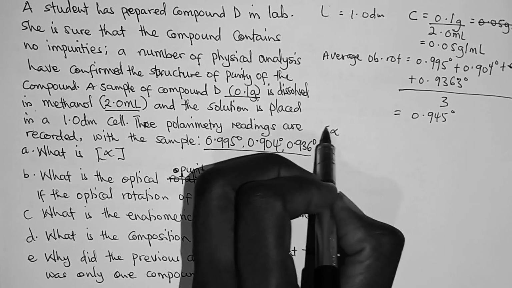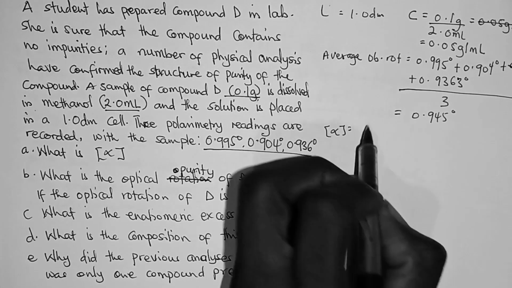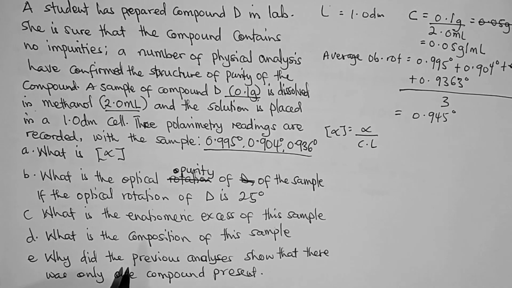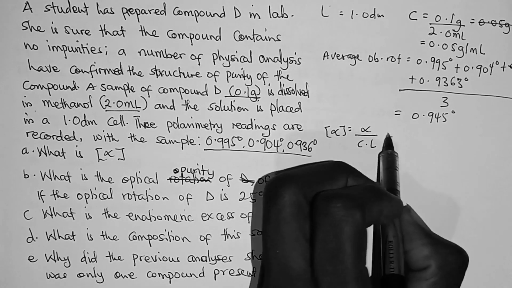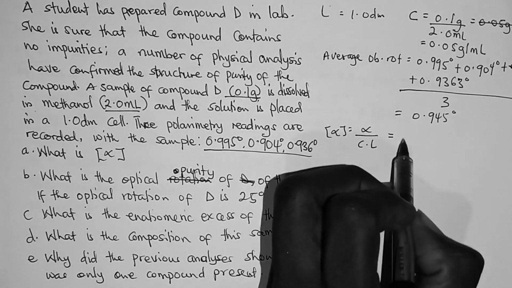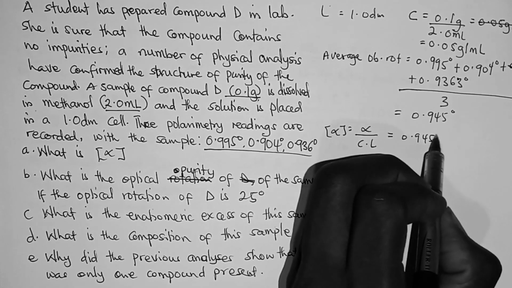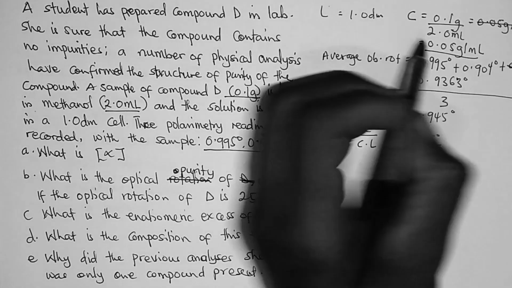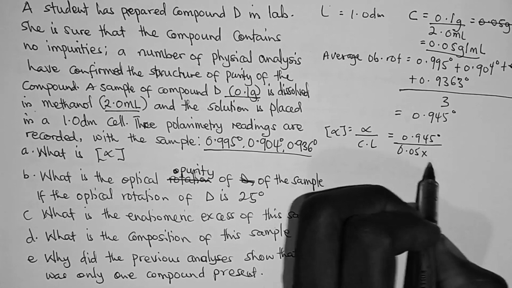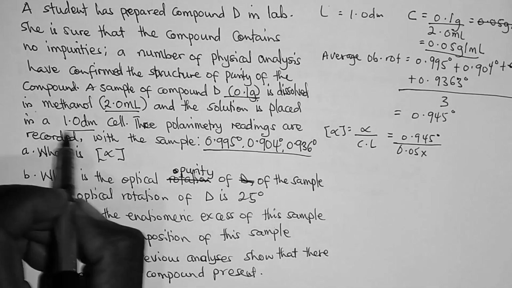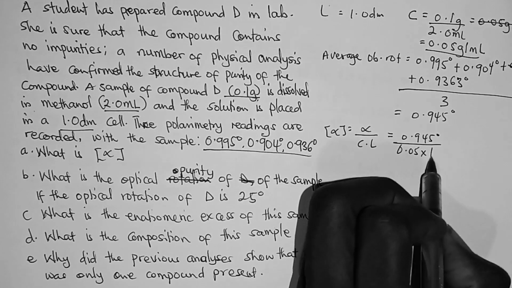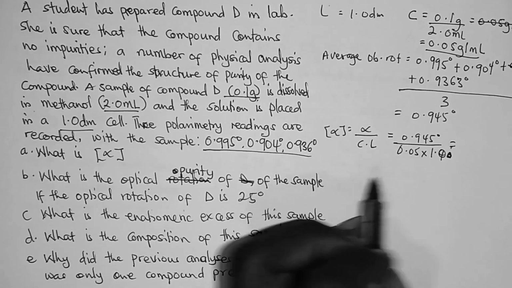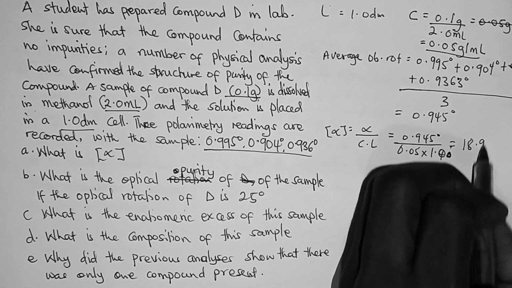We can then go ahead and calculate the specific rotation, which is the observed angle of rotation divided by the concentration times path length. And this is equal to 0.945 degrees divided by 0.05, the concentration, times the path length. And the path length was 1.0 decimeters, so 1.0. And this is equal to 18.9 degrees.